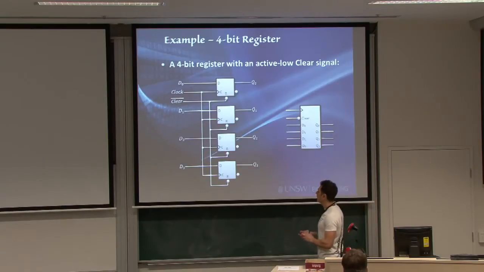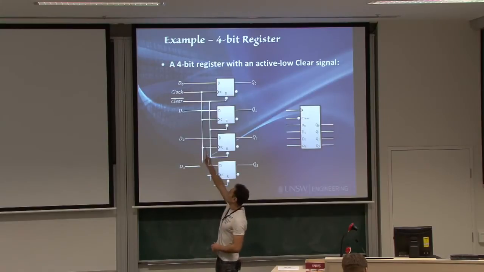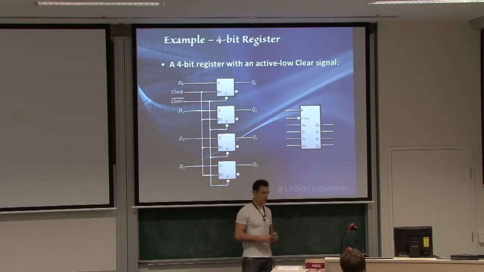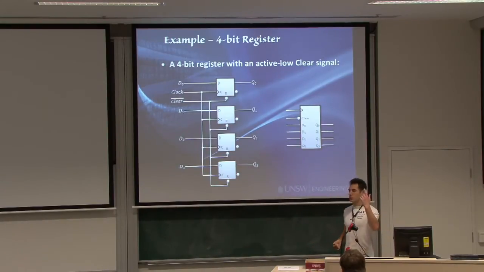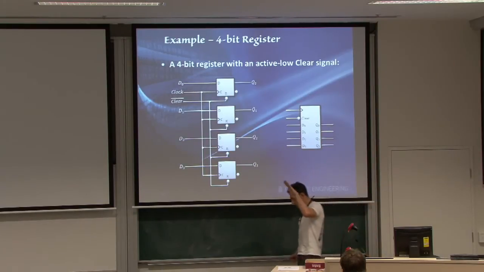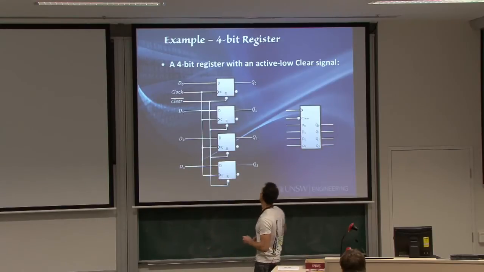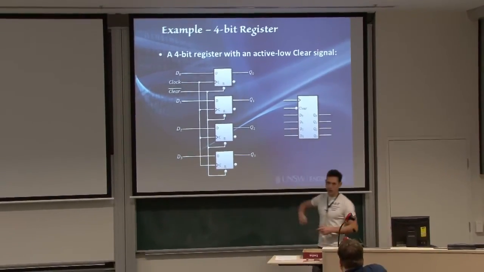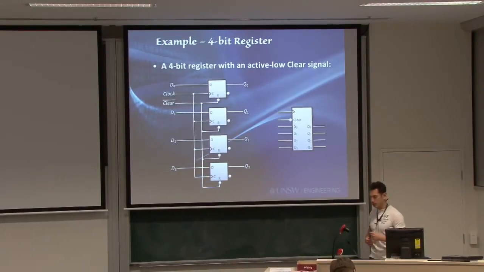On every rising edge of the clock, whatever data is on all the D inputs will be stored in all the flip-flops. If I want to clear the whole value of the register, I just need one clear signal, which is asserted low, so I pull it down to 0 in order to clear the whole register. And I can have a special symbol for this register, just a cleaner interface to it.